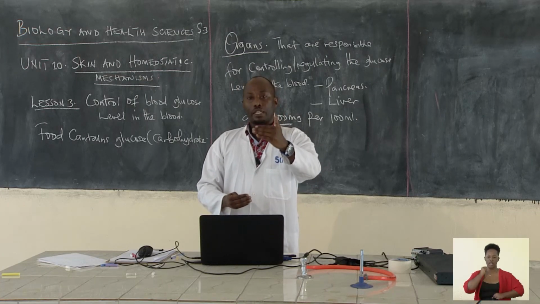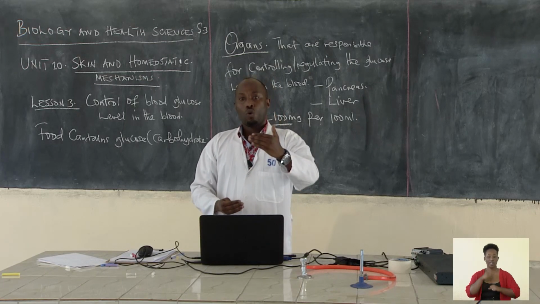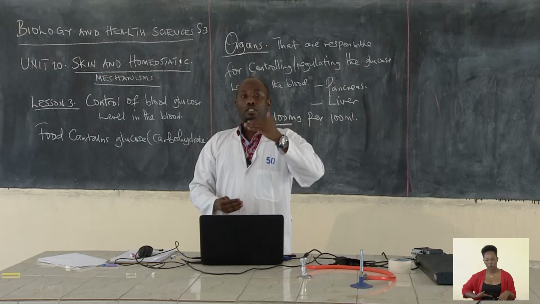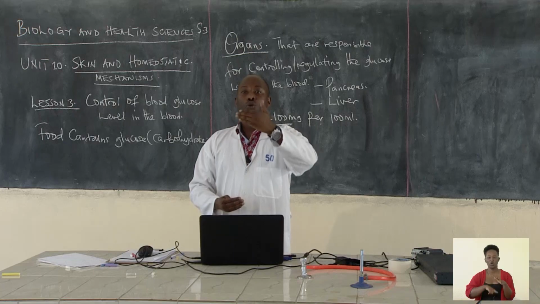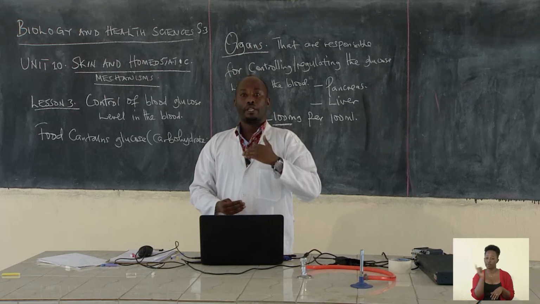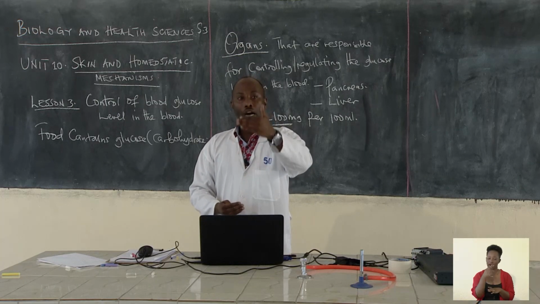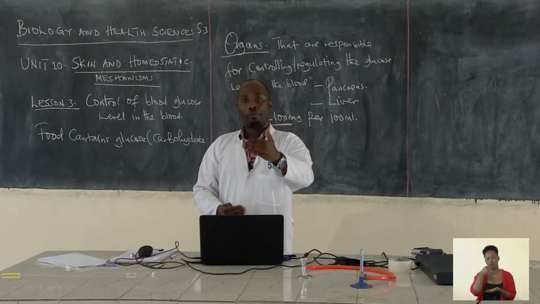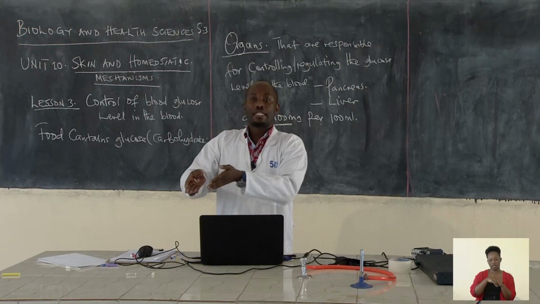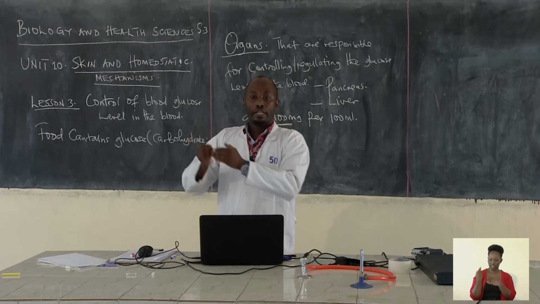Student, do you understand what I'm saying? When you are starving, or when you are eating food which does not contain carbohydrates, what will happen? It will cause the dropping down of glucose in the blood. And now the body has to try by all means to raise the glucose level in the blood.